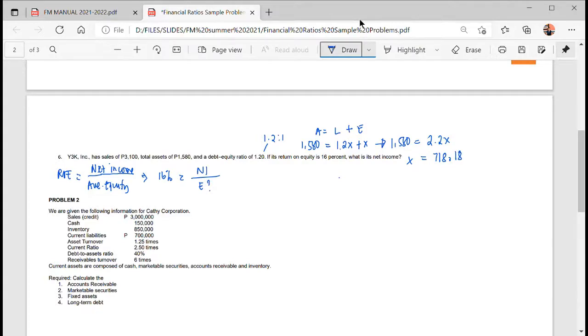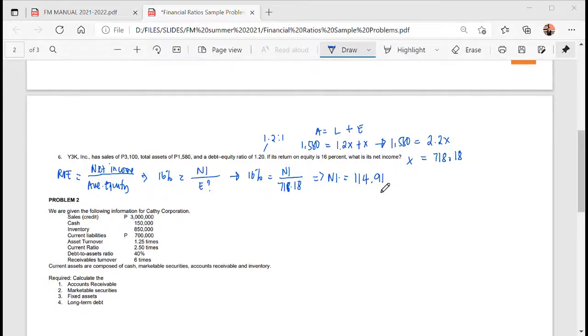718.18. So therefore, our equity here is 718.18. So 16% equals net income over 718.18. Multiply by 16%, and your net income would be 114.91.